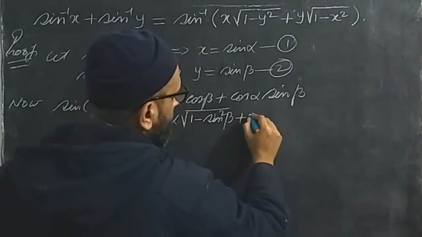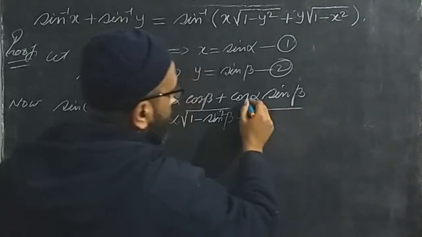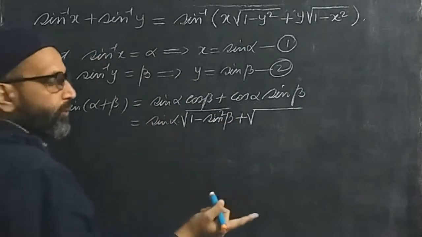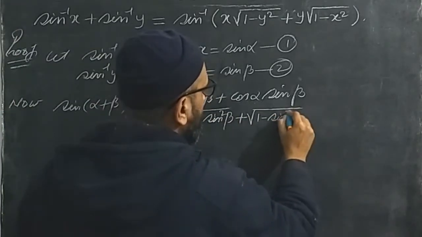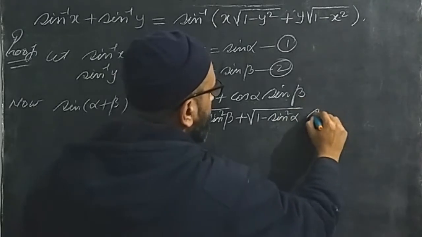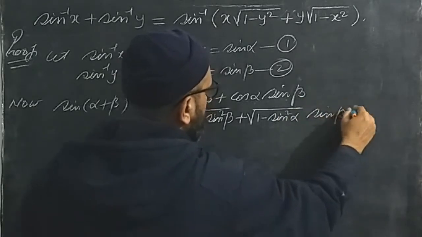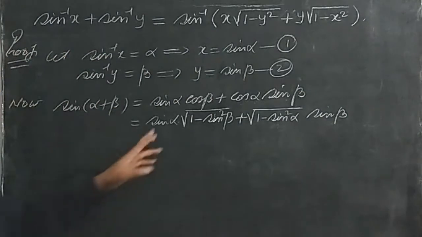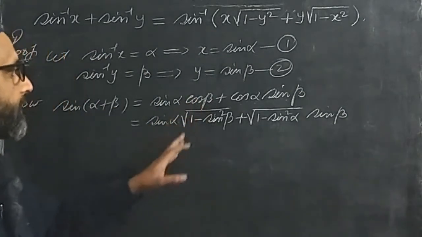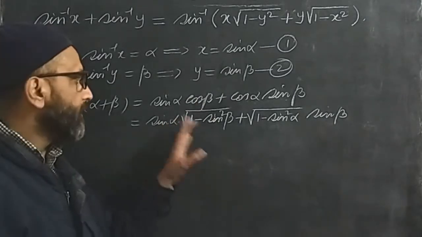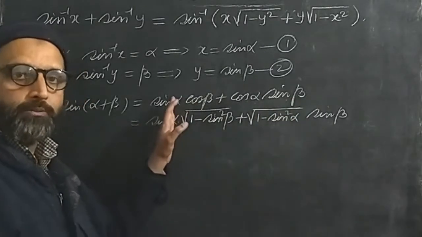plus again cos alpha may be written as under root cos square alpha, and cos square alpha may be written as 1 minus sine square alpha, and sine beta as it is. What we have done, we have transformed the cosines in terms of sines in the whole expression.